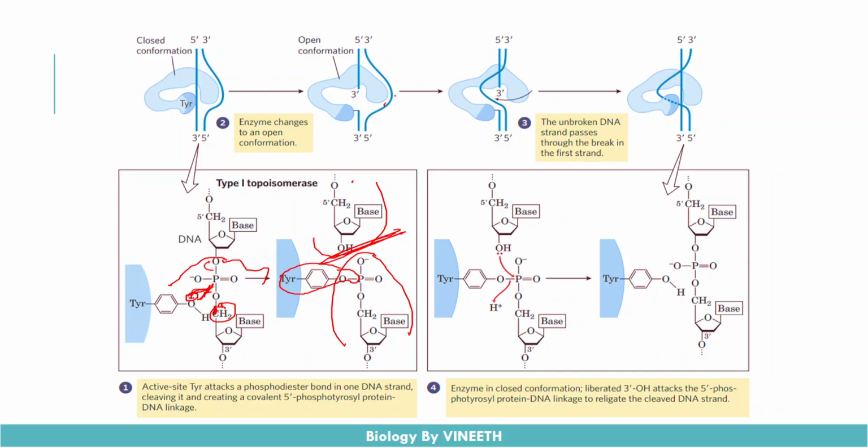After passing the other strand through this break, it relieves the strain on the DNA molecule, by passing the unbroken strand through the broken strand. After doing all this, the lone pair on the oxygen atom of the above base again forms an imaginary bond with the phosphate, and then forms the complete structure, like the phosphodiester linkage.